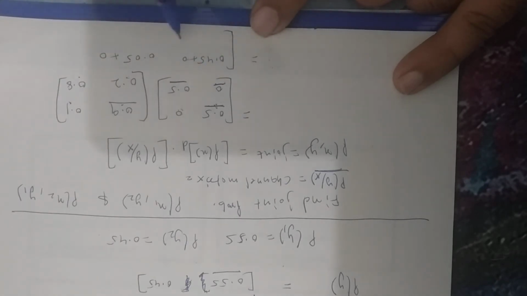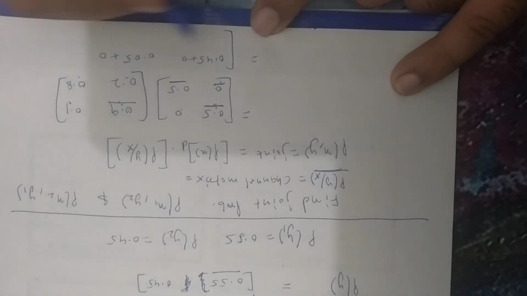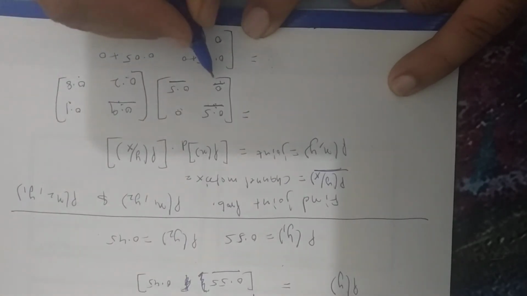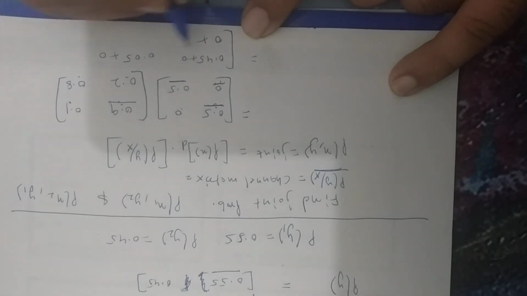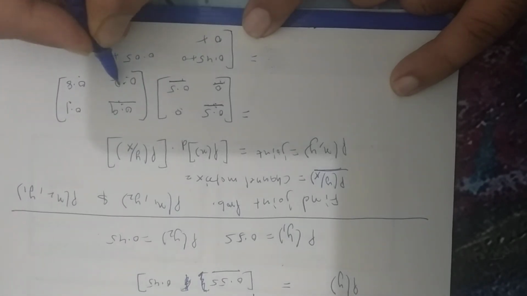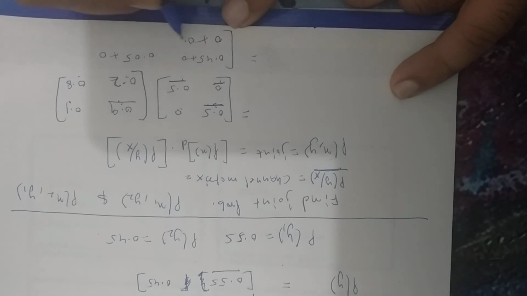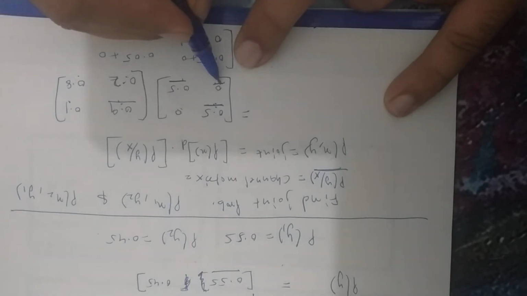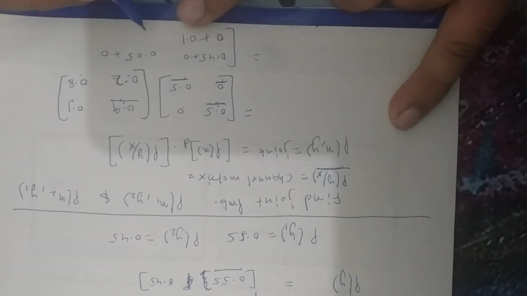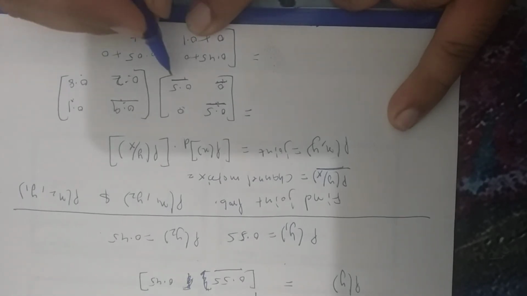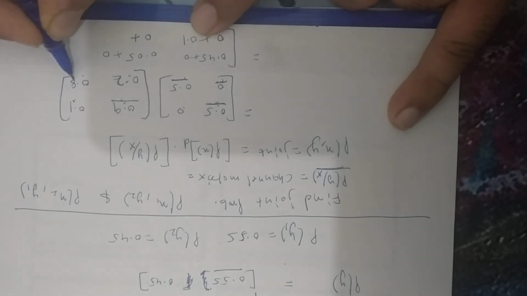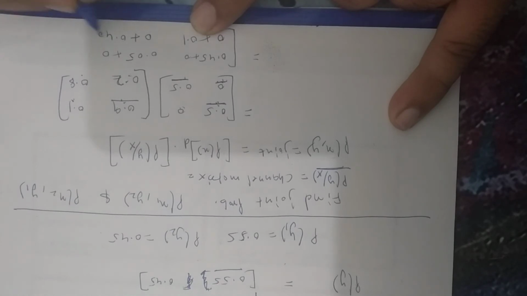Now for the second row, 0 into 0.9 is 0, plus 0.5 into 0.2 will give 0.1. Similarly, 0 into 0.1 will give 0, plus 0.5 into 0.8 will give 0.40.